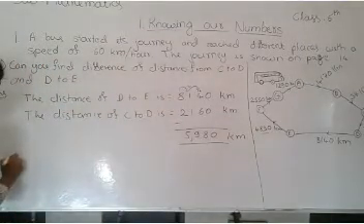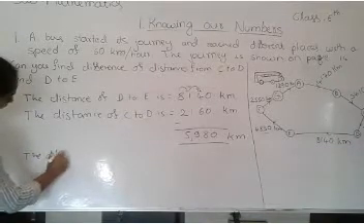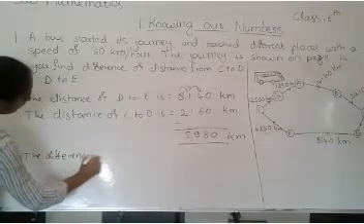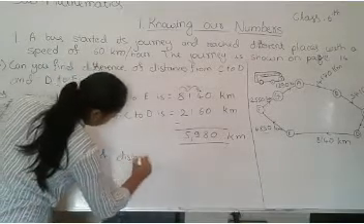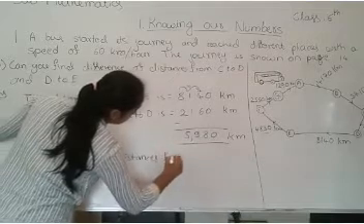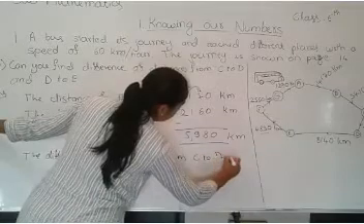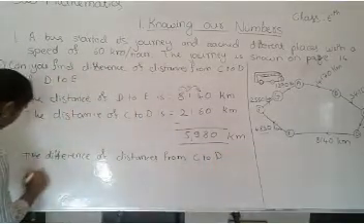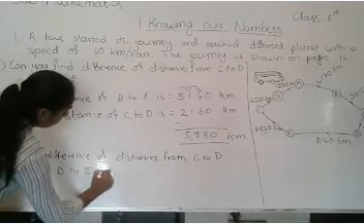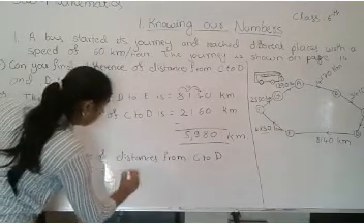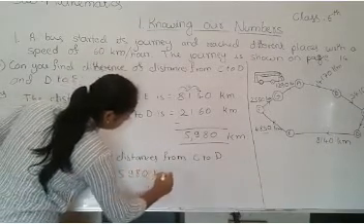So right here, therefore the difference of distances from C to D and D to E is how much? 5980 kilometer.